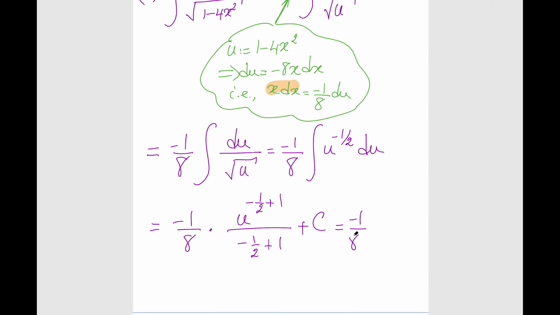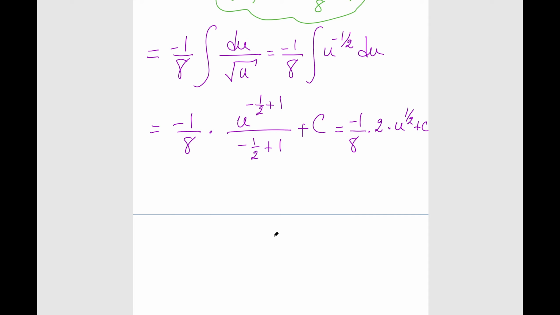So that becomes -1/8 times 2 times u to the power 1/2 plus a constant. Yes? So that becomes -1/4 of u to the power 1/2 plus a constant.